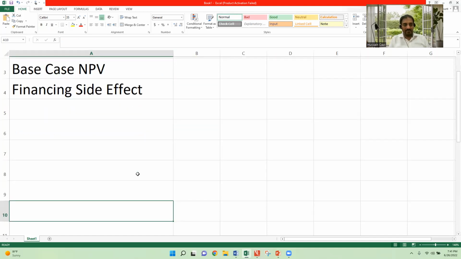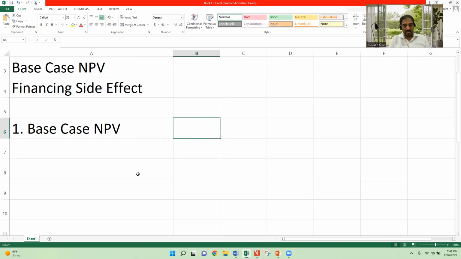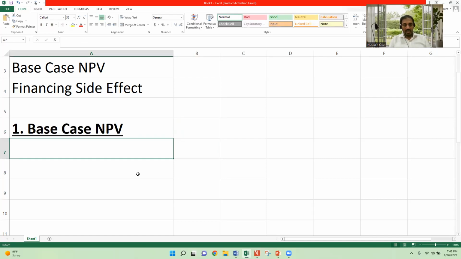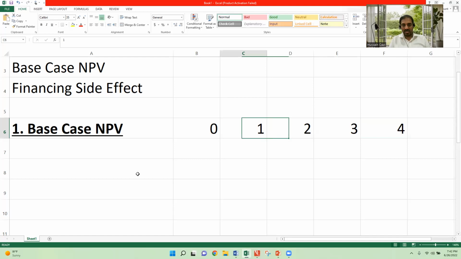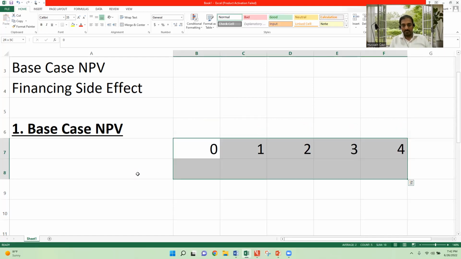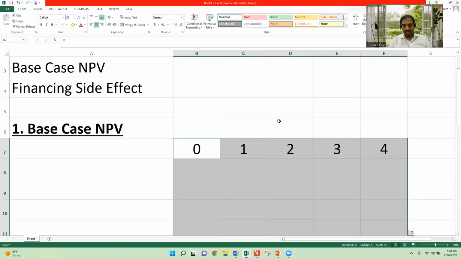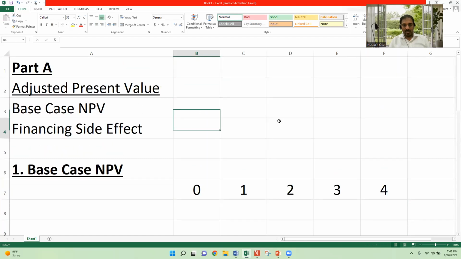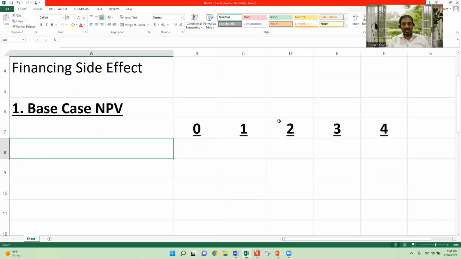So for example, number one, base case NPV, that is the first point, and the time period of the project is 0, 1, 2, 3 and 4, the 4 years. No complication related to tax delays. So this is the base case NPV.